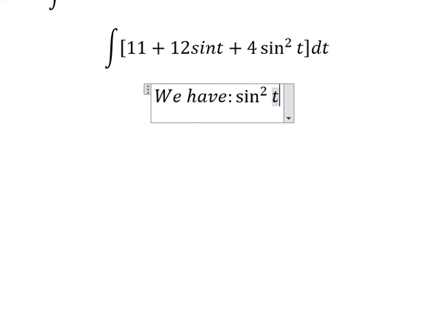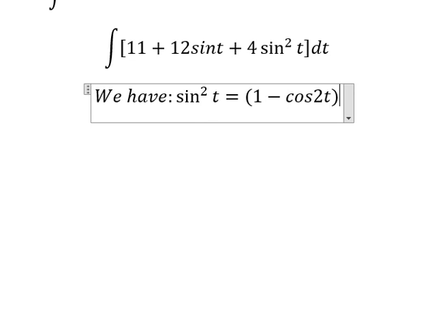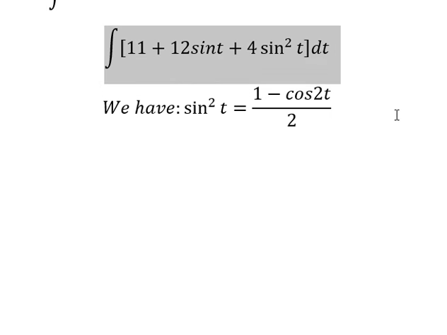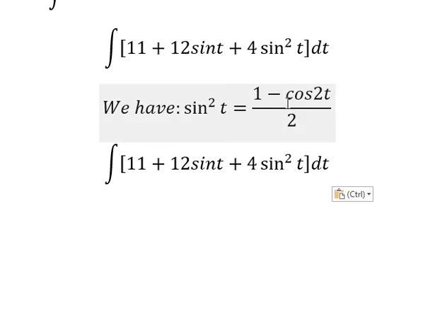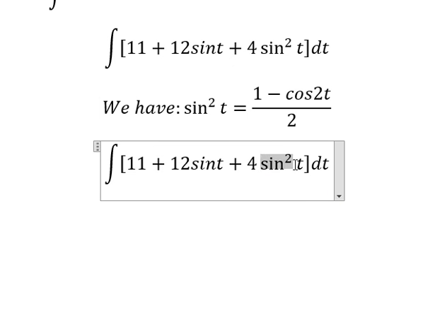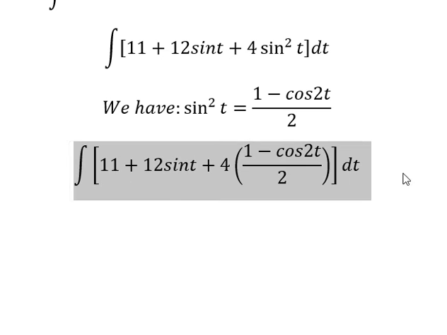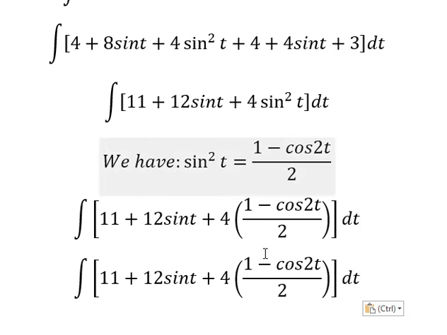Sine t square is 1 minus cosine 2t over number 2. So I will put this one gone here. So number 4 divided by number 2, we have number 2.